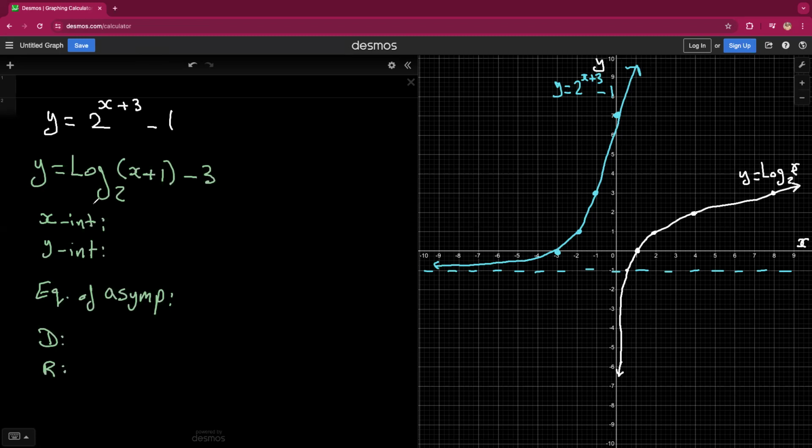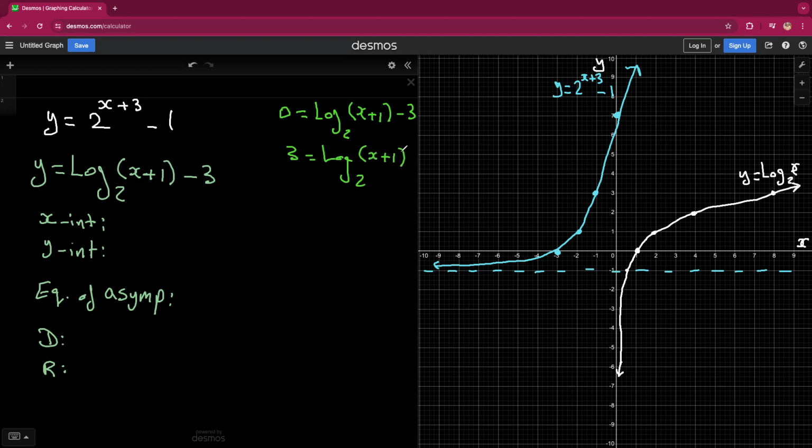To find the x-intercept, I make y 0. So I'm going to say, okay, I make y 0 equals log base 2 of (x plus 1) minus 3. Moving the negative 3 to the other side, I get 3 equals log base 2 of (x plus 1).